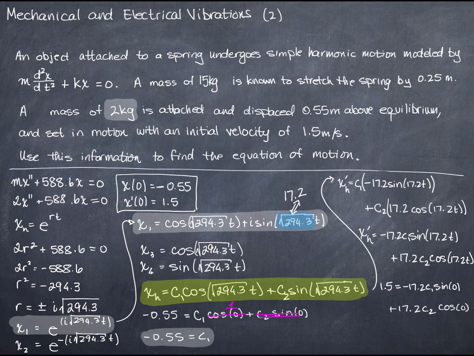And this time, because I've taken the derivative, the sine was my second term down here and that went to 0, and the cosine was my first term and that went to 1. Here they're reversed. So my sine term goes to 0, this cosine goes to 1, and I'm left with 1.5 equals 17.2 C2. And all I need to do now is divide by 17.2, and I'll get my C2.